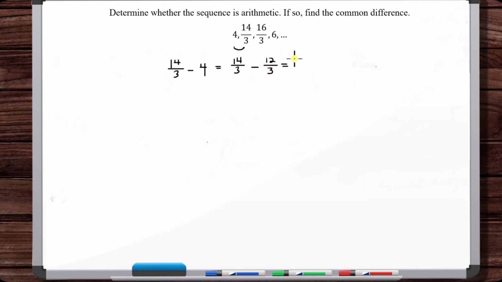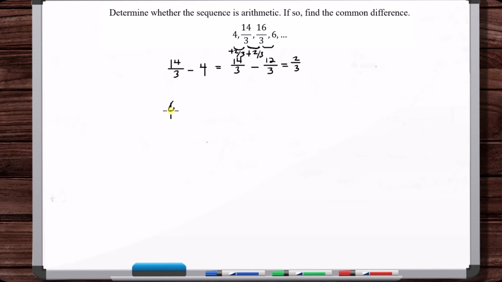Okay, so this gives us 2/3. So here we add 2/3. Now going from 14 thirds to 16 thirds, we subtract 16 thirds minus 14 thirds. We added 2/3.